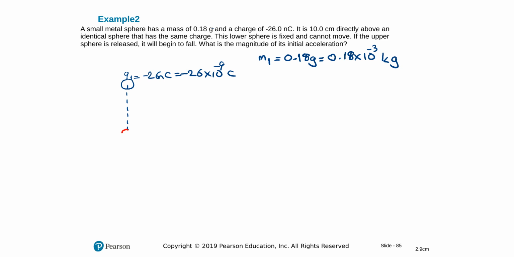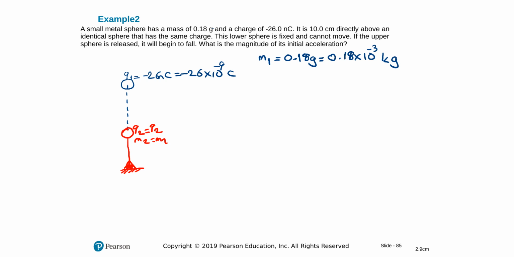So we'll have sphere 1 and sphere 2, they are identical, with the same charge and same mass. Charge 1 is above charge 2. This lower sphere is fixed and cannot move. Let's fix it here, fixed to the ground, with some sort of stand.